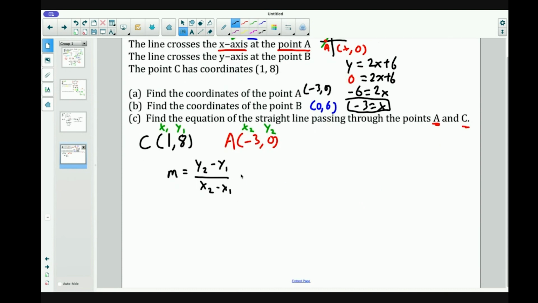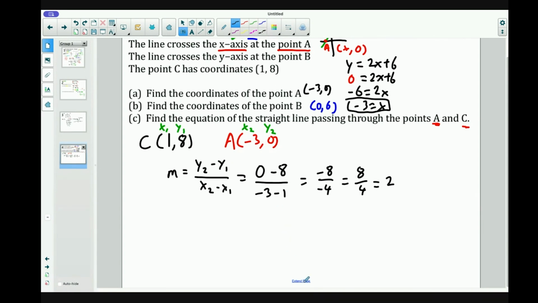So in this case, we have 0 minus 8, and then negative 3 minus 1. So this gives me negative 8 over negative 4. And because when we divide two negative numbers, it becomes positive, this actually becomes a positive 8 over 4, which is the same thing as 2. So our m value is just going to be 2.